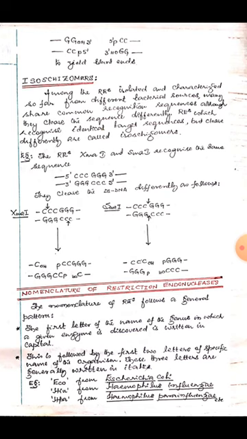First principle says the first letter of the name of the genus in which a given enzyme is discovered is written in capital. Genus means here most of the times bacterial species. So, the first letter of the name of the genus in which a given enzyme is extracted is written in the capital.